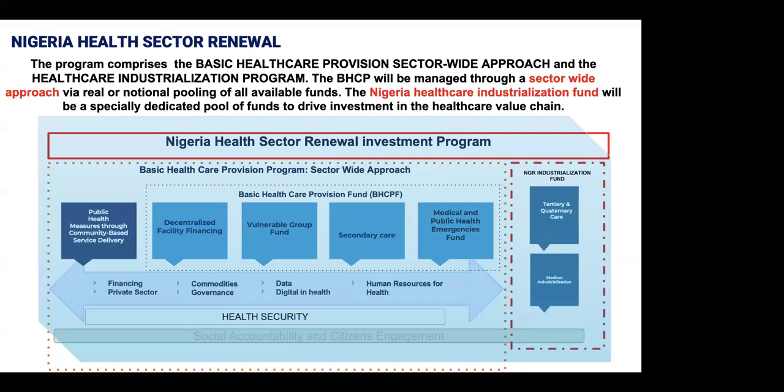And then the industrialization fund that focuses on the investment side of things and the value chain support systems. Now, within the basic healthcare provision programs, there are such innovative financing mechanisms as decentralized financing, where monies go all the way to facilities for them to determine how flexibly they can use it, not being tied to budget lines.